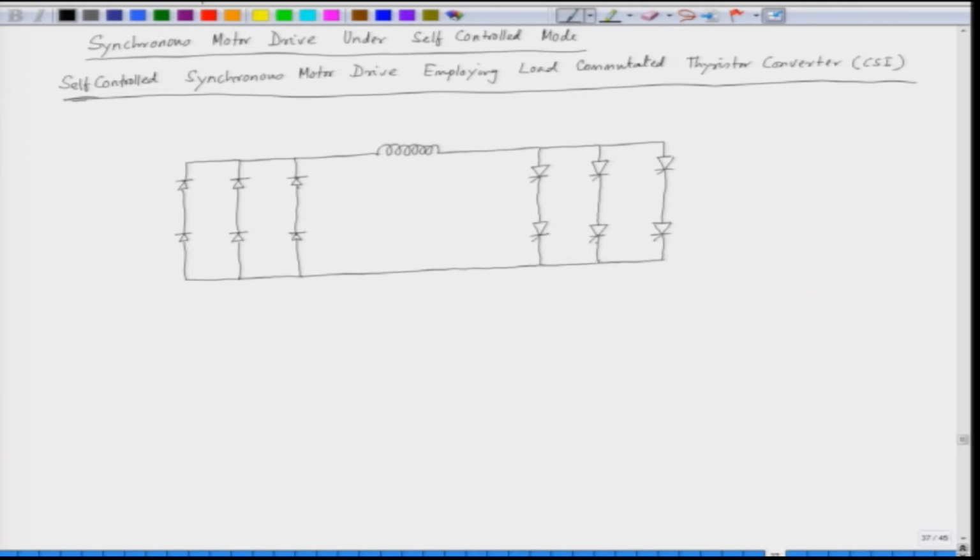This is a thyristor converter and it is feeding the stator of a synchronous motor.